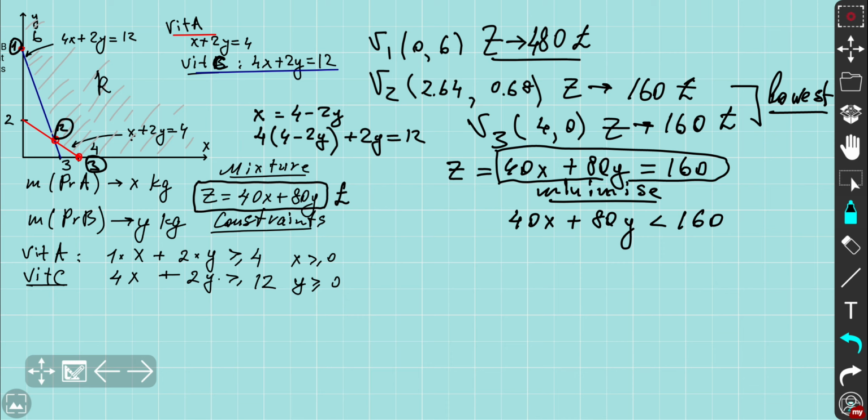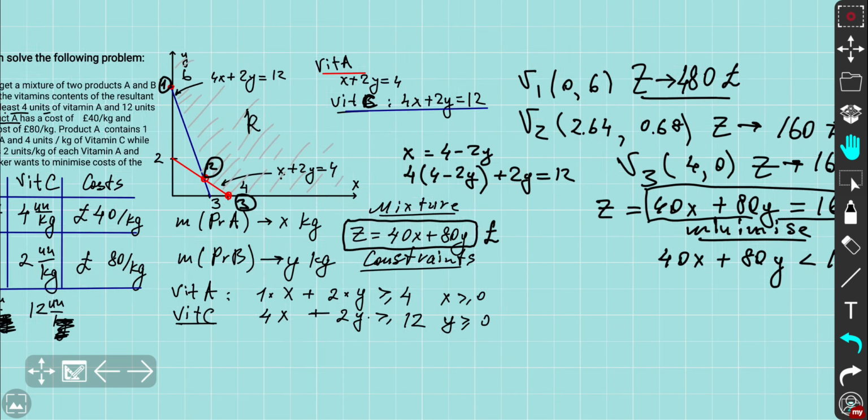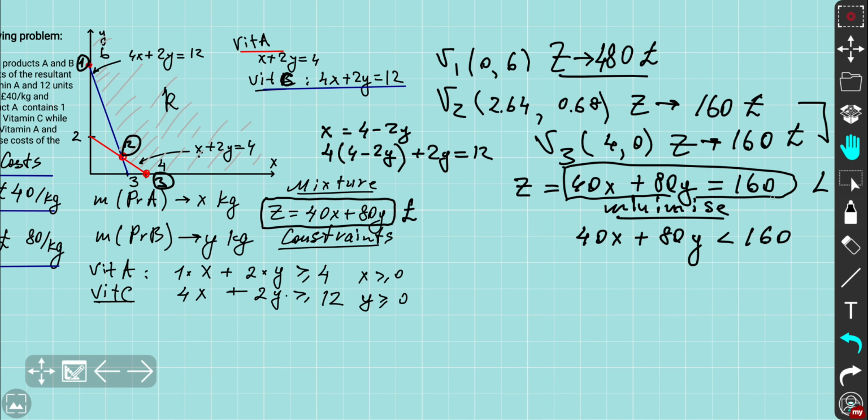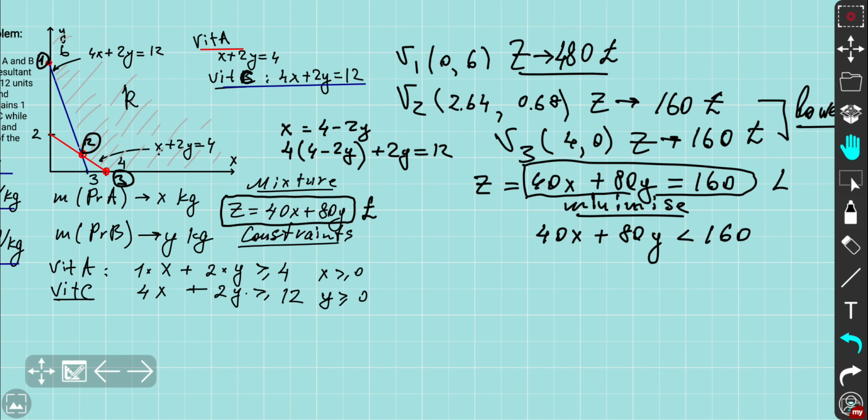Okay. First of all, let's set up the line L. If it equals 160, let's go back to the region and set up the line L for our objective function. You can call it Lz. Let's take the green color for that.